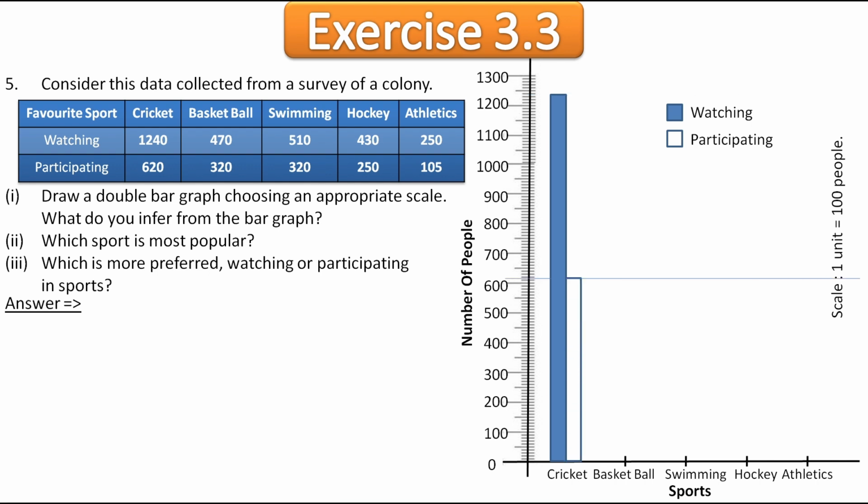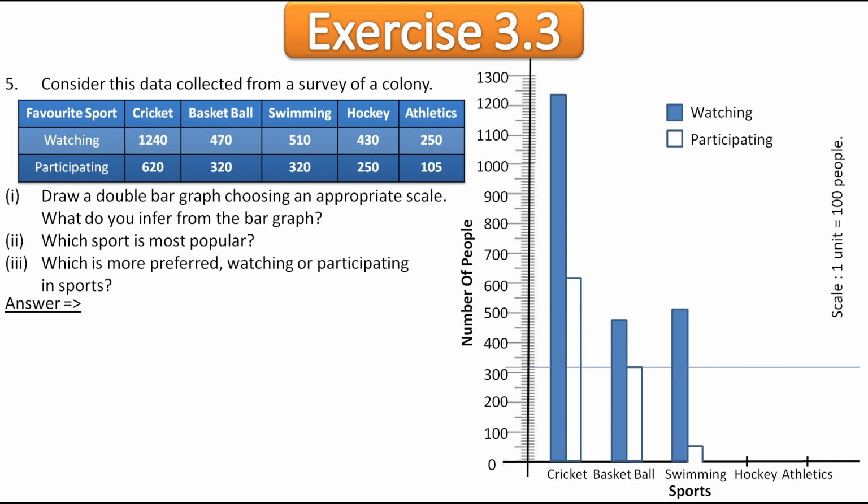For basketball we have to draw a bar for watching till 470 and participating till 320. For swimming, watching is 510 people and participating is 320 people. In hockey, watching is 430 and participating is 215.